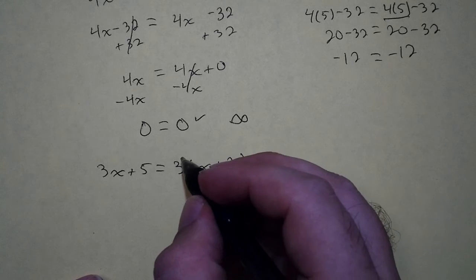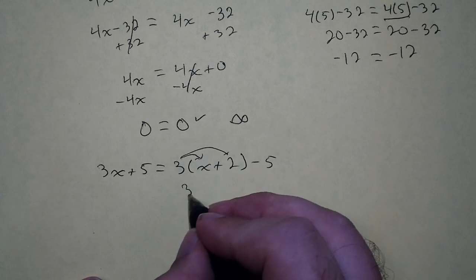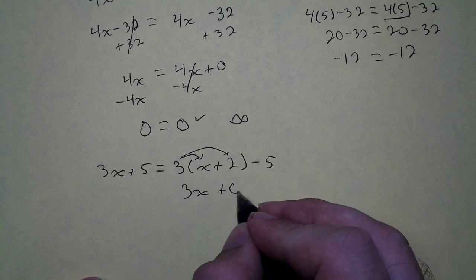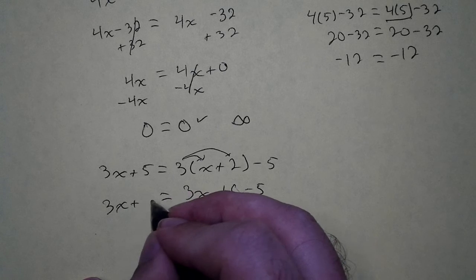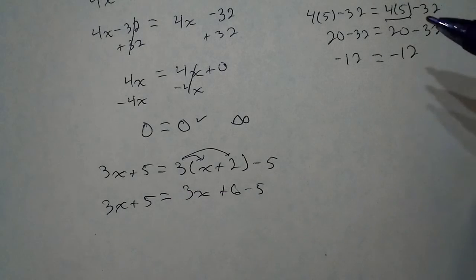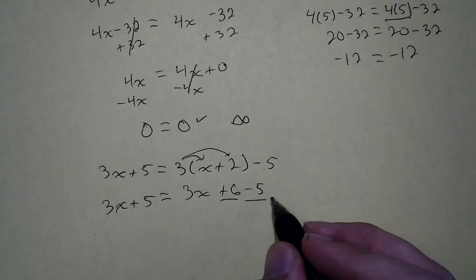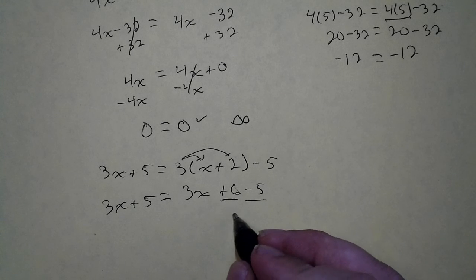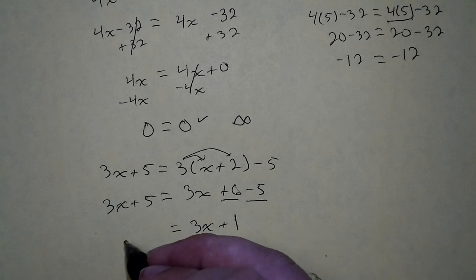The first thing we would do here is multiply. 3 times x is 3x. 3 times 2 is 6. And now, combine like terms. On this side, I have like terms, positive 6 and minus 5. 6 minus 5 is 1. So it's 3x plus 1 equals 3x plus 5.